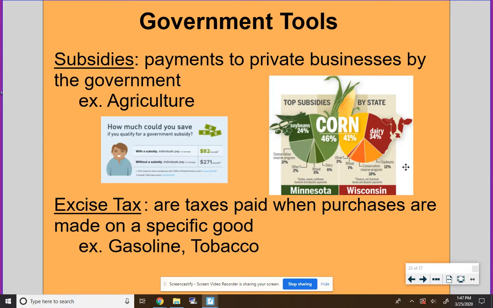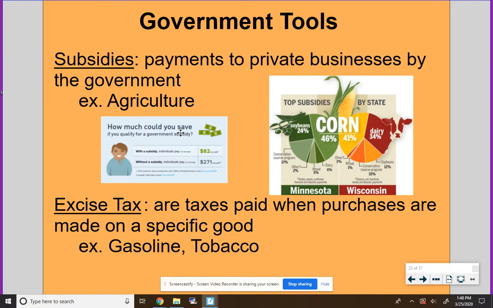You can see in Minnesota, a lot of farmers get subsidies. The green is Minnesota, the orange or red tones are Wisconsin. So there are subsidies, meaning the government pays farmers to plant corn, to plant soybeans, to have your land in a CRP program, wheat, dairy, those are the big subsidies.